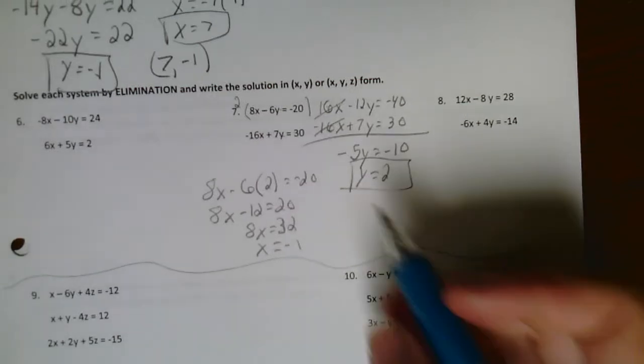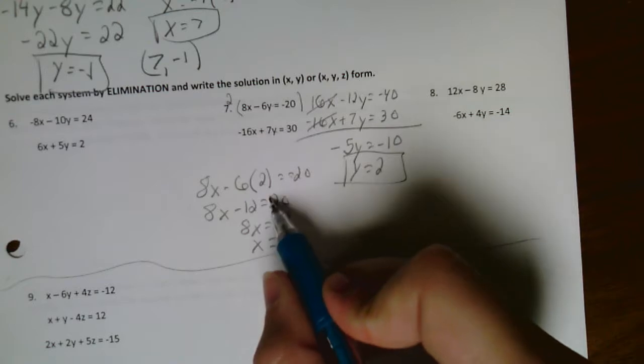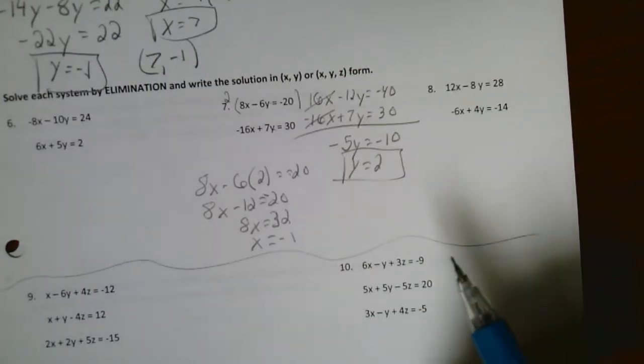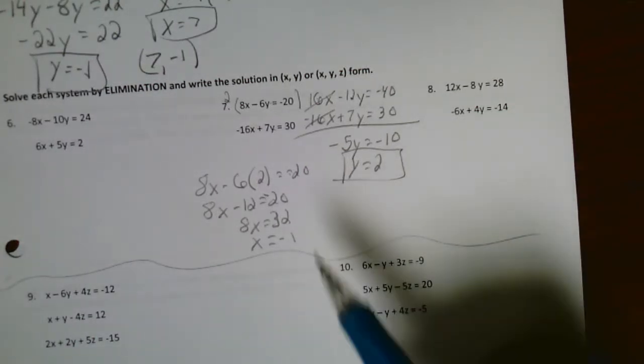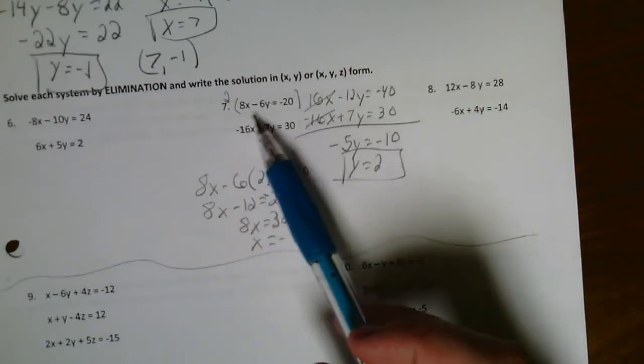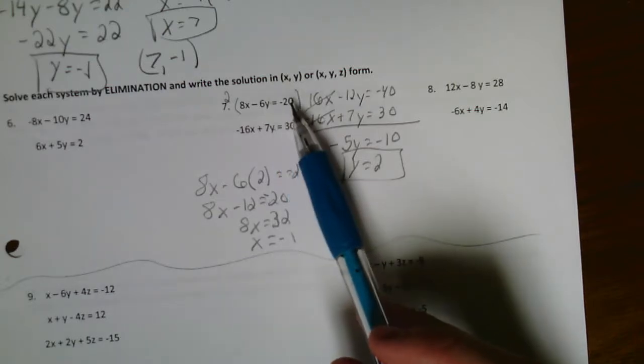My apologies. I looked at this and thought it was a little strange. I lost the negative sign. So here's one of those learning moments: on your test, you're probably going to make the same mistake as I did. You'll lose a negative sign or something like that. I knew this looked wrong mainly because when I plug negative 1 and 2 back up here, it doesn't give me negative 20.